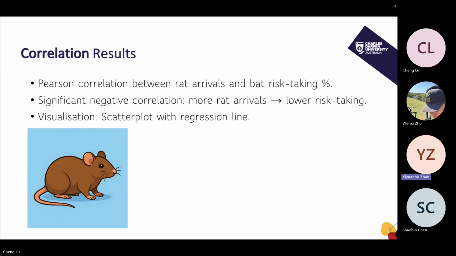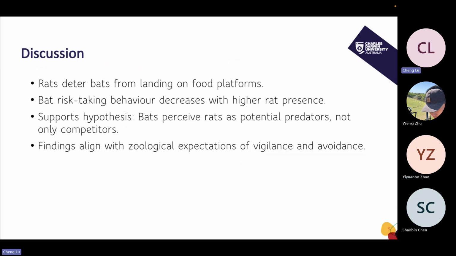Then we come to the next one, the discussion. For the discussion, we interpret the drop in bat landings as avoidance under predation risk. The bats are less willing to land when rats are present. At the same time, some bats still land during these rat-present periods. This suggests risk-taking behavior.